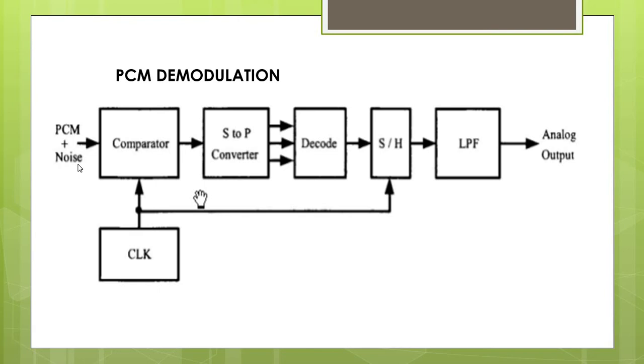This is the input to the first block, which is the comparator. Then we have a serial to parallel converter, a decoder block, again a sample and hold circuit, and finally a low pass filter. At the output of the low pass filter, the original analog signal is obtained. Here also we have a clock signal, which provides synchronization between the blocks of the demodulation circuit.